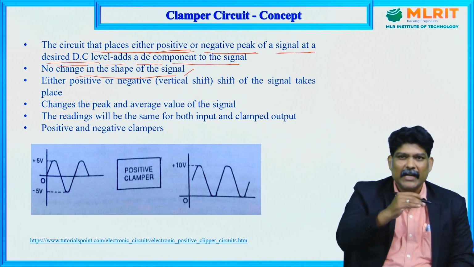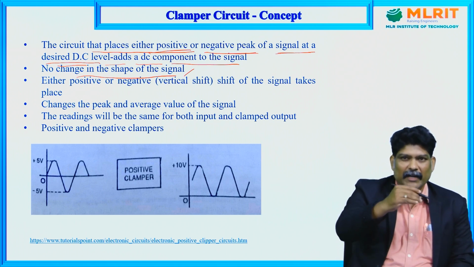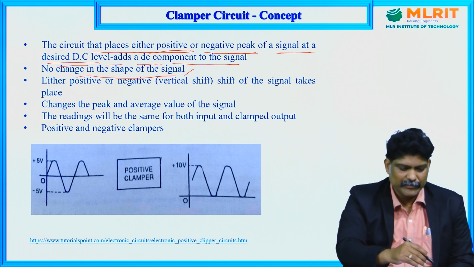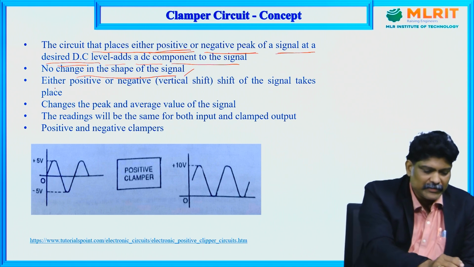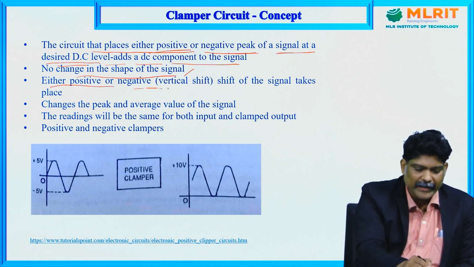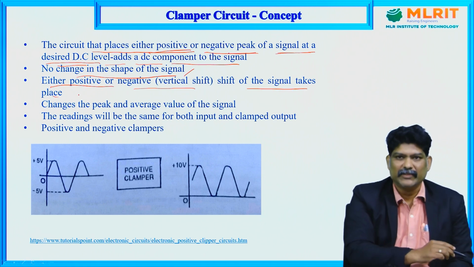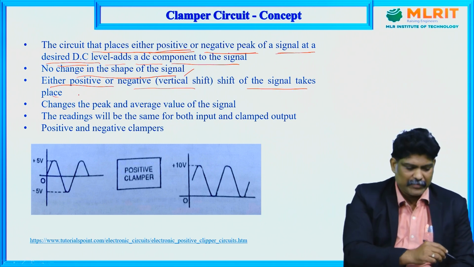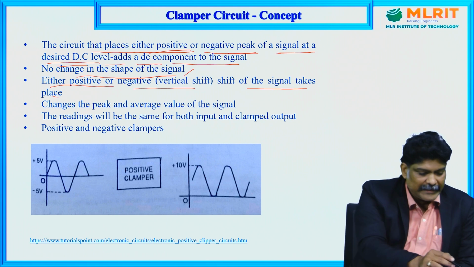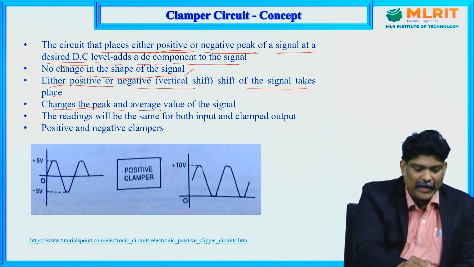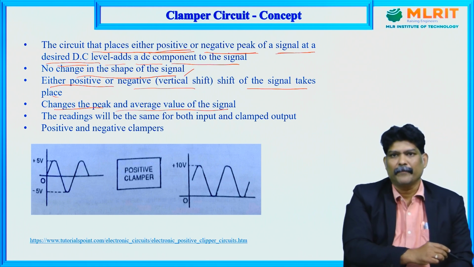It just shifts the signal vertically, either to the positive side or the negative side. That is the basic idea of a clamper circuit, and it changes the peak and average value of the signal.